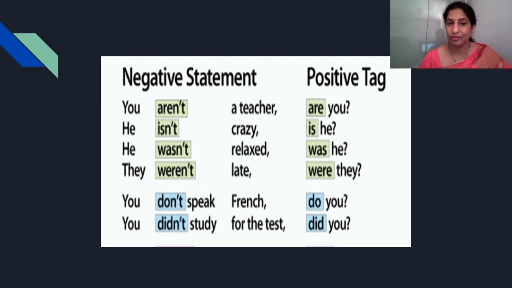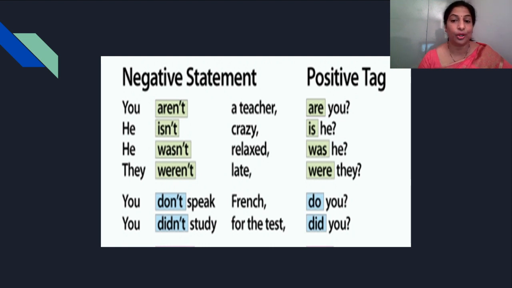So you can observe in these examples, there are two parts which are separated by a comma. The statement is separated by a comma from the question tag. And at the end, we can see we have used question marks.